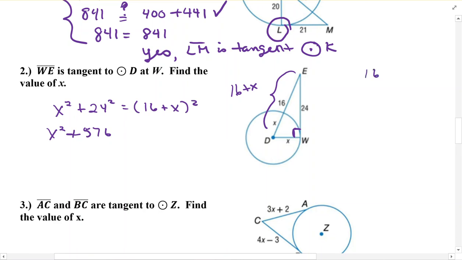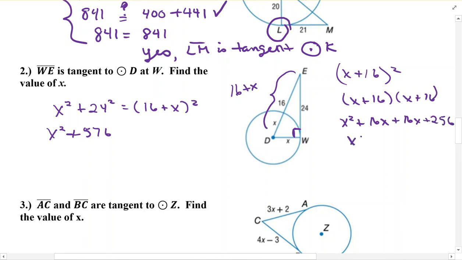Now 16 plus x squared, or x plus 16 squared, is x plus 16 times x plus 16, which gives us x squared plus 16x plus 16x plus 16 squared, which is 256. So x squared plus 32x plus 256.